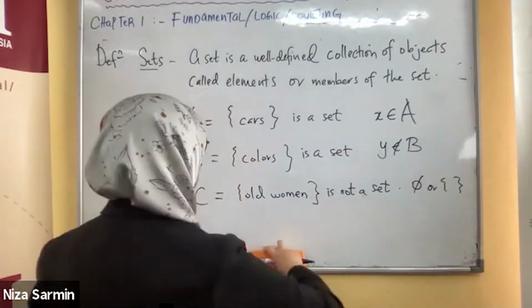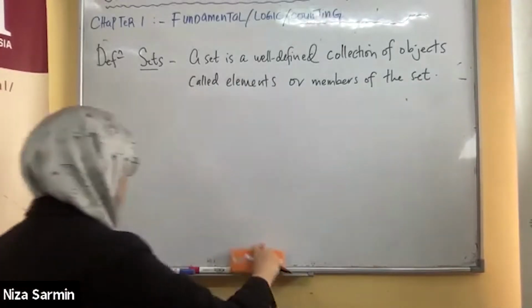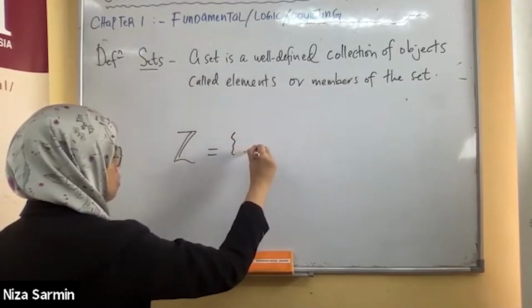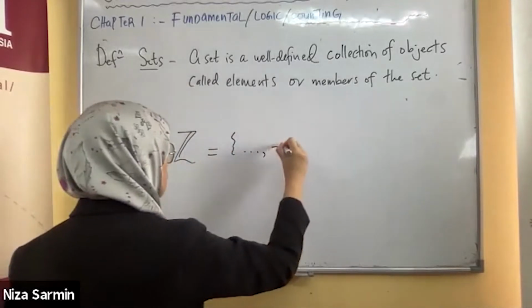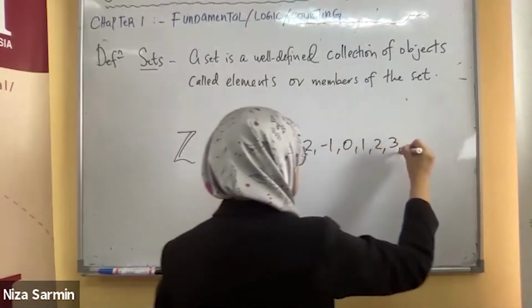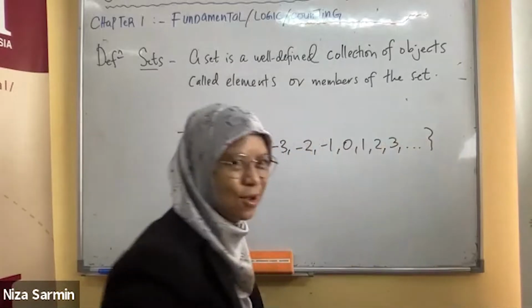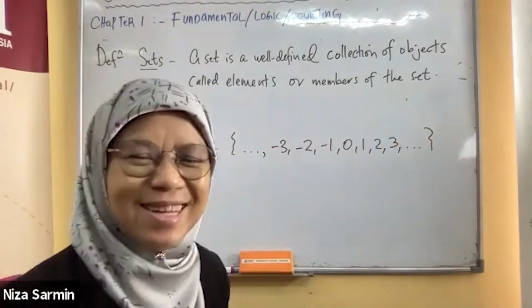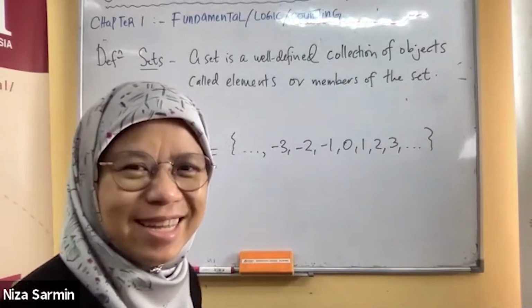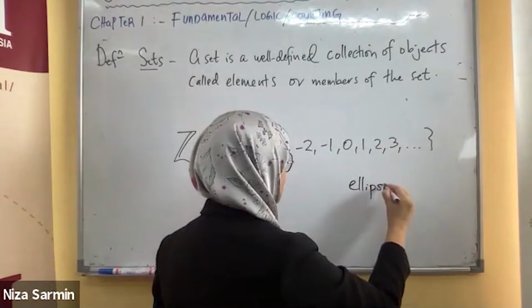And it's very important when you write integers, dot, dot, dot has to be 3. Hannah, what is that dot, dot, dot called? You remember? Ellipsis.